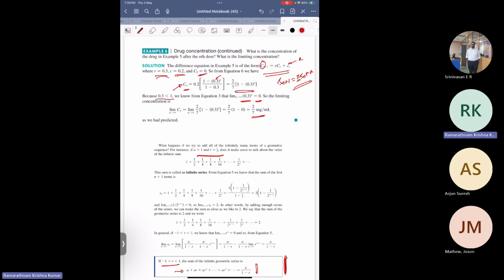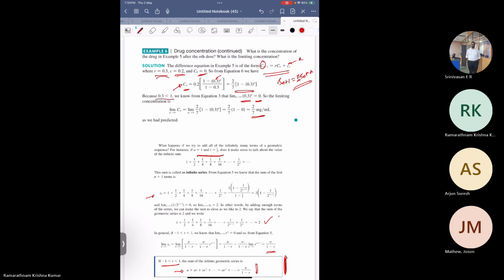So Sn will be something like this. So let us now look at when R is less than 1. Let us look at limit as n tends to infinity, A divided by 1 minus R. That is the formula.